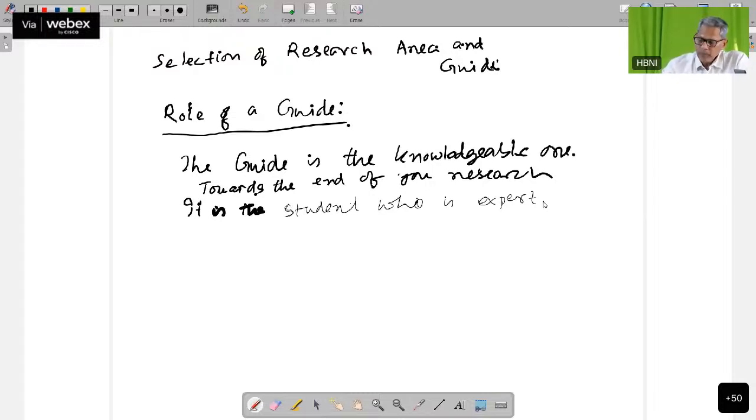Once you say that your knowledge on the field is more than your guide, that is the time you are ready to submit your thesis. So it is important to develop a good attitude as a student, research student.